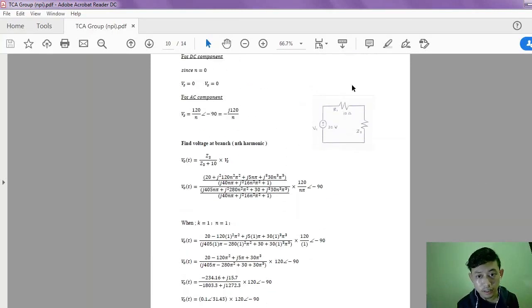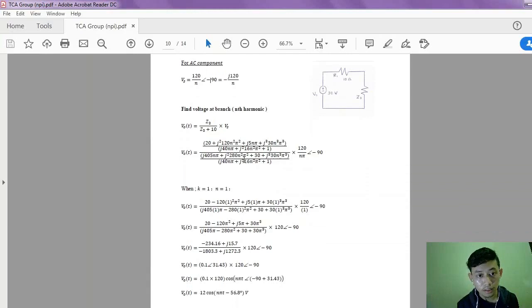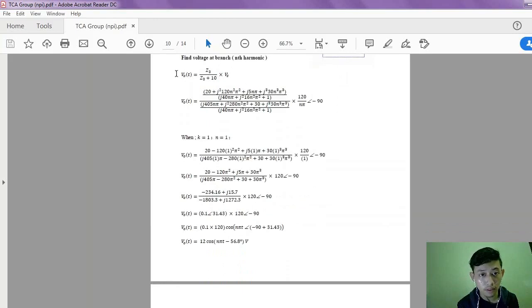As you can see, this circuit is already simplified, and this is Z3, and the voltage divider is at Z3, because the voltage that came to branch 1 and branch 2 is the same, as they are connected to the same node. So this is the formula of the voltage divider, and we just insert all the values and assume that n is equal to 1.